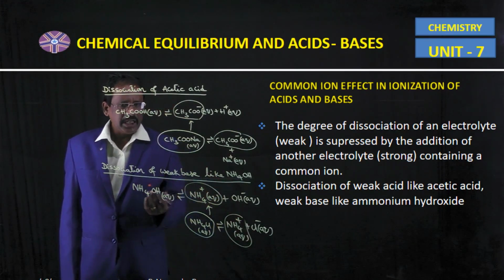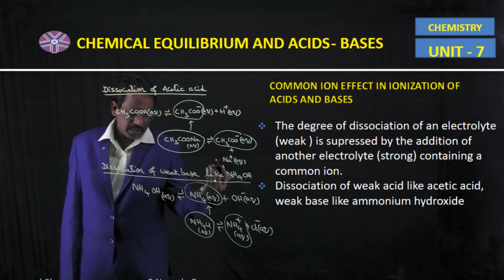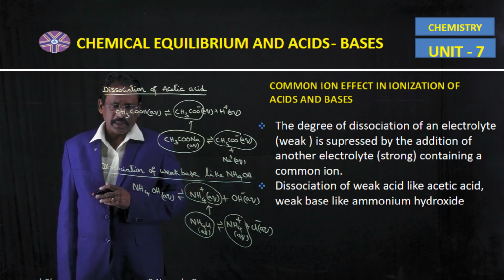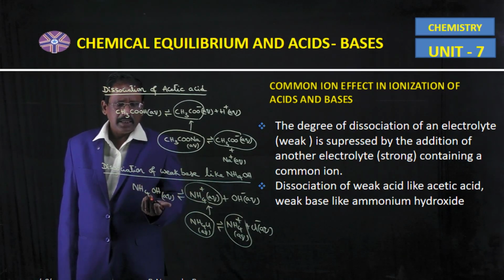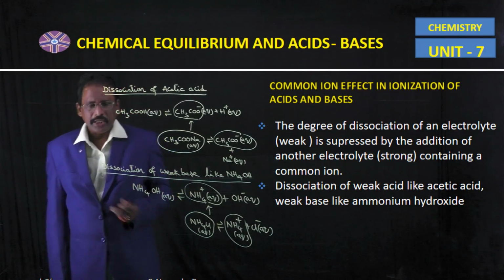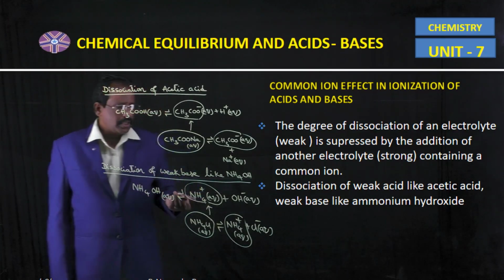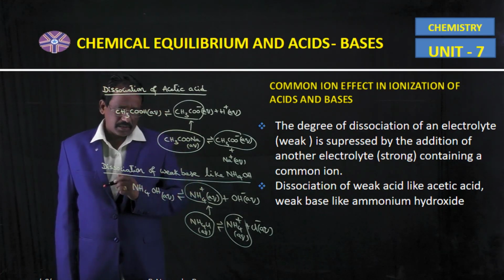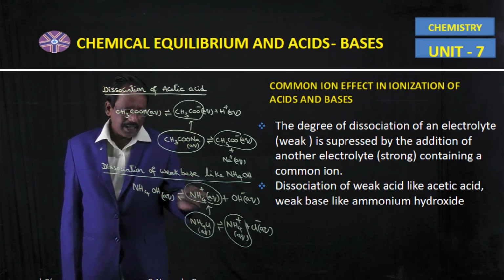That's why the equilibrium shifts from right to left. That means the backward reaction takes place. That means the dissociation of the weak base is further reduced by the addition of a strong electrolyte which contains a common ion. In the second example, the common ion is NH4 plus.